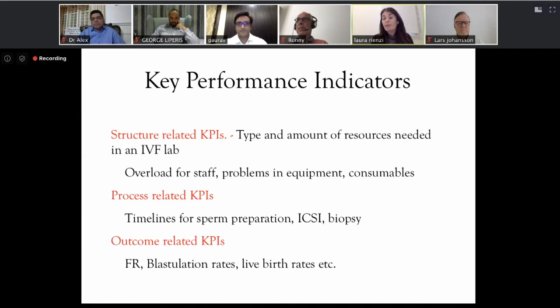And even if we have everything under control and all the KPIs, we can have fluctuation in the IVF, which may not be because there is a problem, but because we are casually dealing with a different patient population. So it's not only laboratory outcomes that have to be kept under control, but also clinical data, to be able to see if there is a confounder, maybe a higher maternal age patient population.